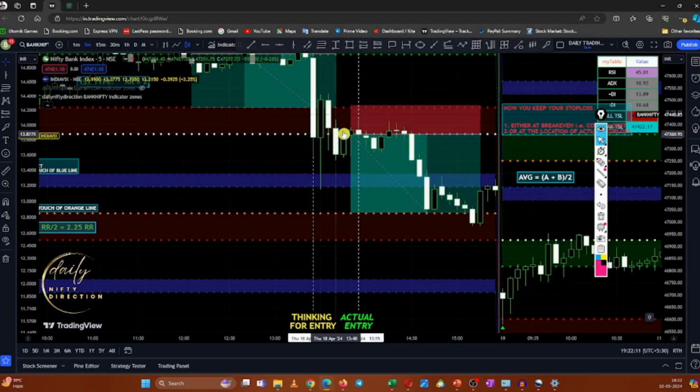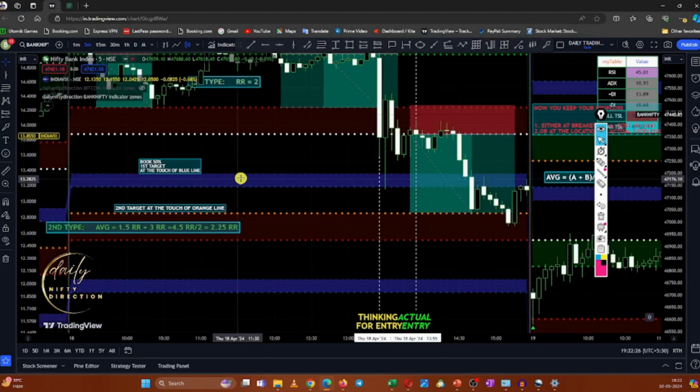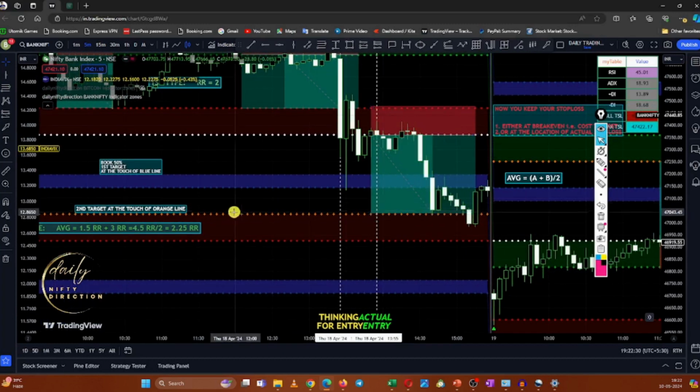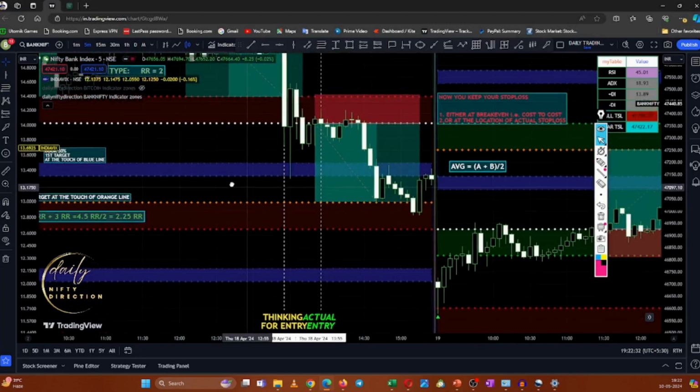Even when it is confirmed that it is going to go down on this candle, you can also take entry on the touch of that white line. This is called the sell on rise technique.